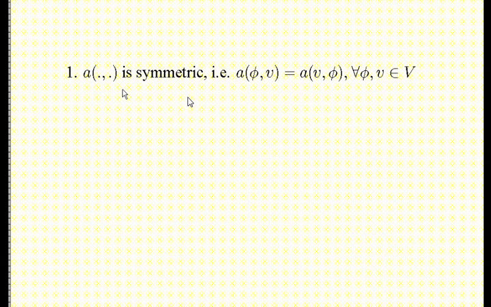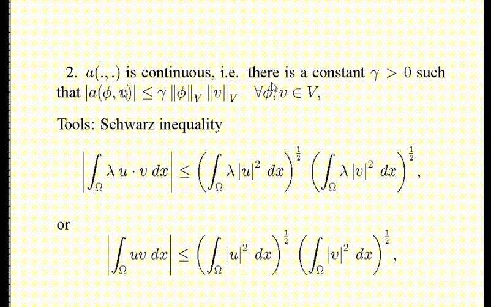The first condition, connected to symmetry, is always very easy to show. The second condition is connected to the use of the Schwarz inequality, which takes this form or this form. We are often using both these inequalities.